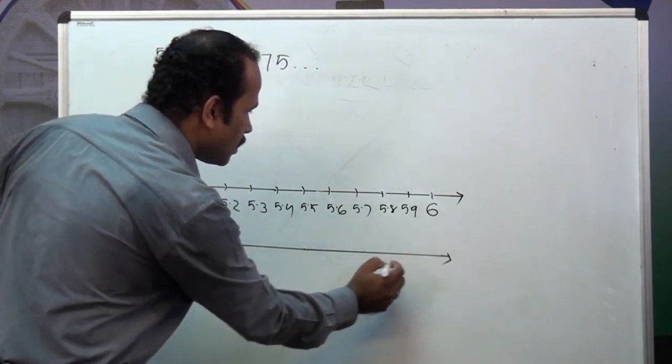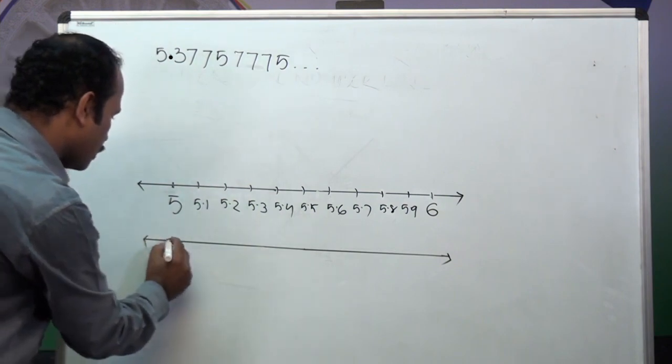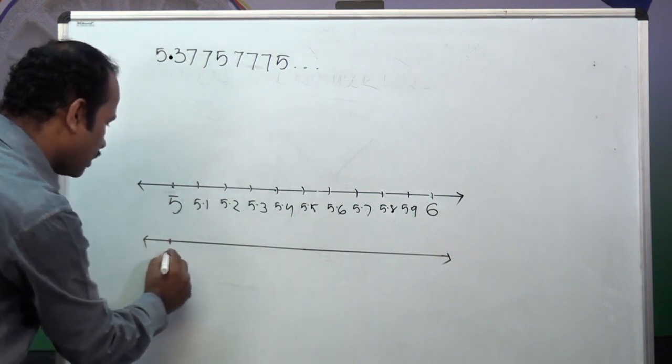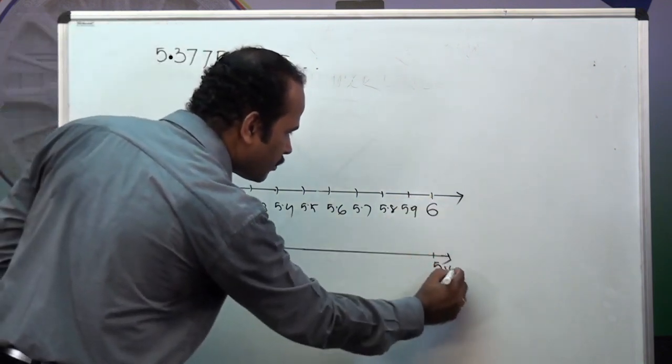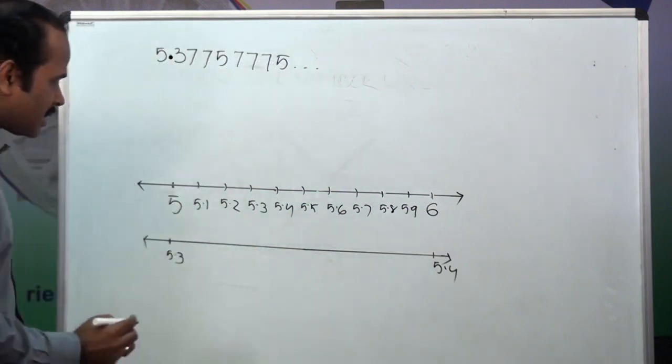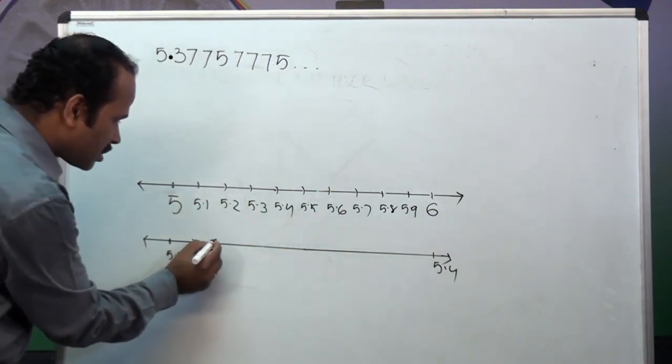So here I have selected this point 5.3, and here I have selected a point 5.4. Between the same points, again I divided into 10 equal parts.